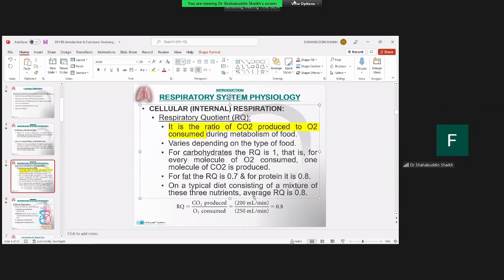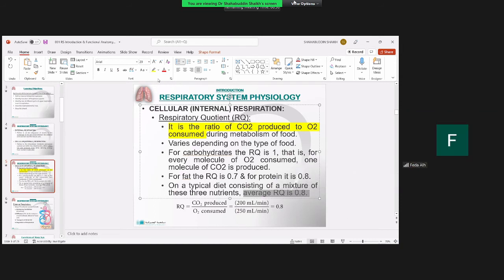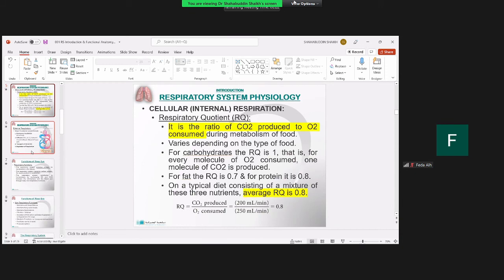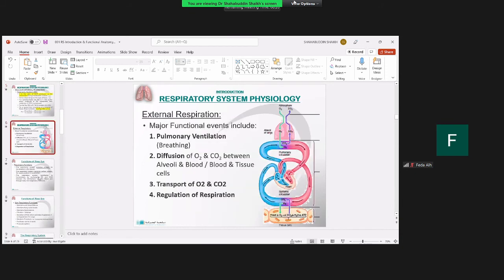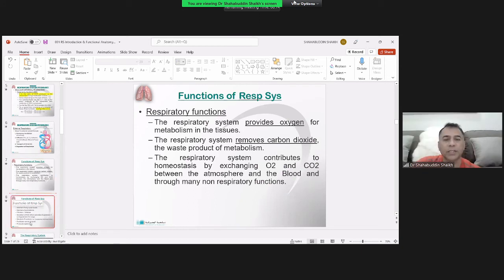Next question is, what is the normal respiratory quotient on a mixed diet? 0.8. Can you remember these 2 points for respiratory quotient? Yes. Can you give me 2 examples of non-respiratory functions of the respiratory system?